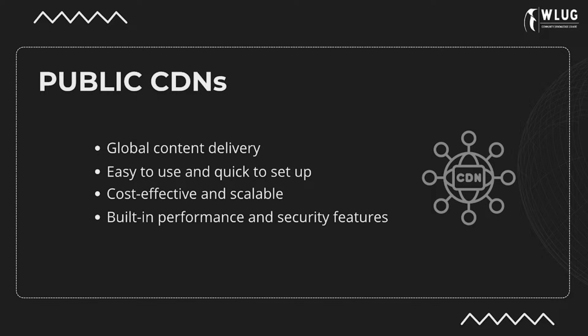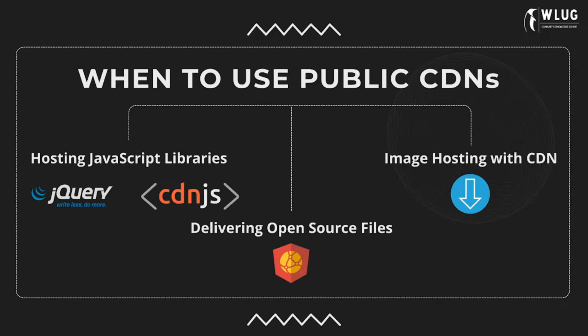Now we've discussed what public CDNs are and what the major features are. Now let's see, when should you use a public CDN? So coming back to your portfolio, maybe you coded it using HTML, CSS, JS, or maybe React. To host open source libraries like jQuery, we can use CDN.js.